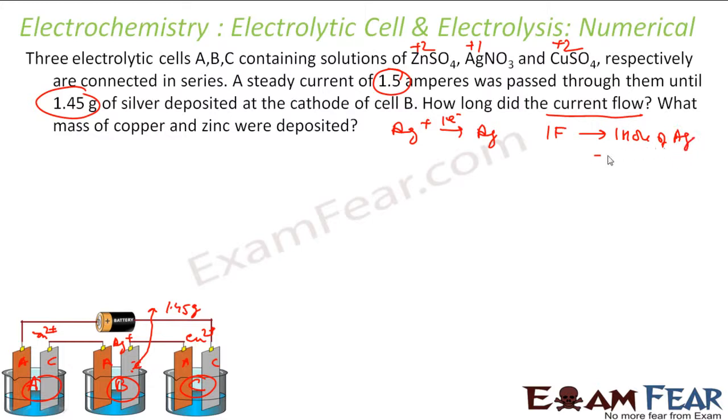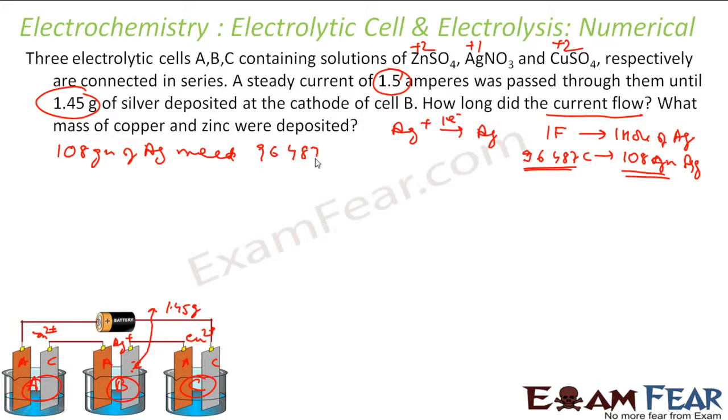And 1 mole of Ag is nothing but 108 gram of Ag. And 1 Faraday is nothing but 96487 coulomb. So 96487 coulomb charge will give me 108 gram of silver. Right? So 108 gram of silver needs 96487 coulomb of charge.